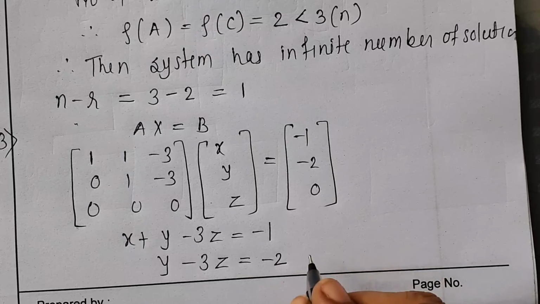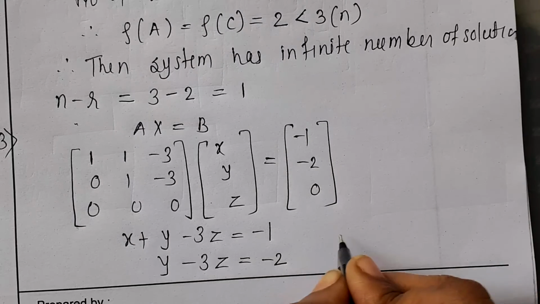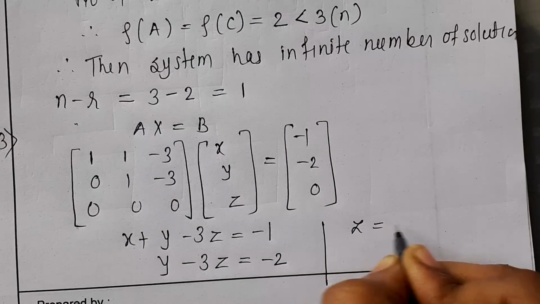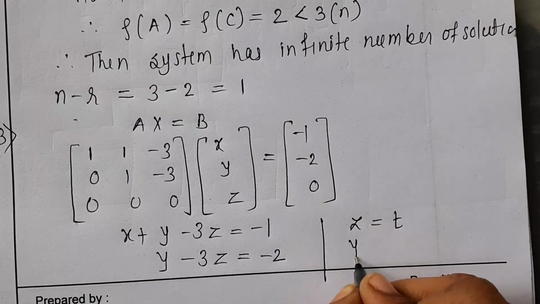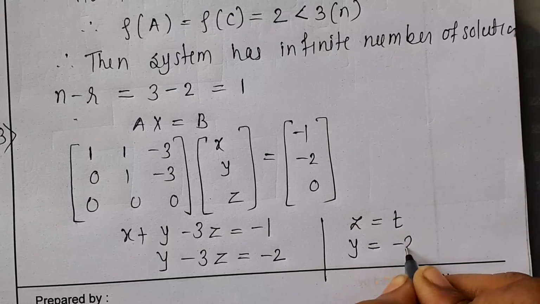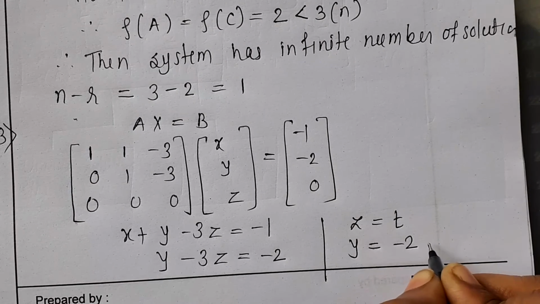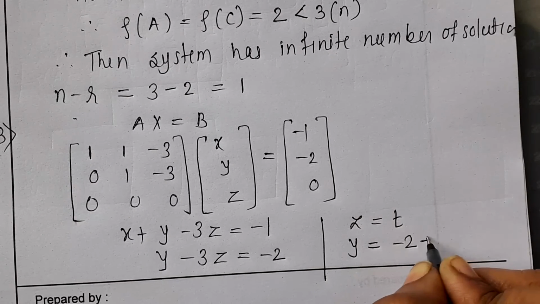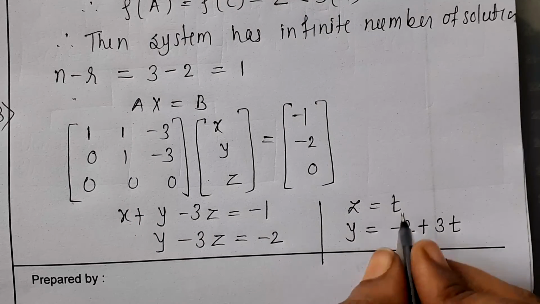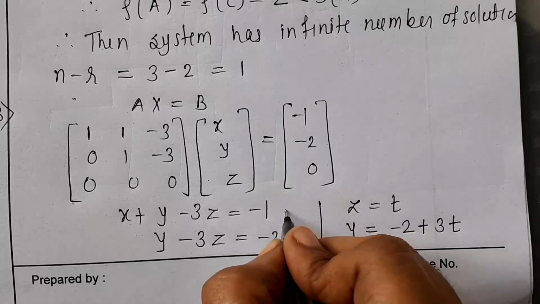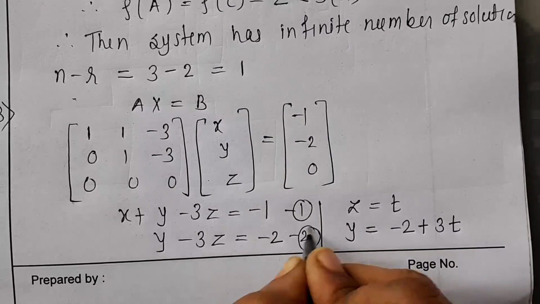So what do we have to do here? We choose z as t. Suppose z is equal to t. Then what will be the solution for y? y is equal to minus 2 plus 3t. And what is the value of x? Put in the first equation. This is our equation number 1, equation number 2.